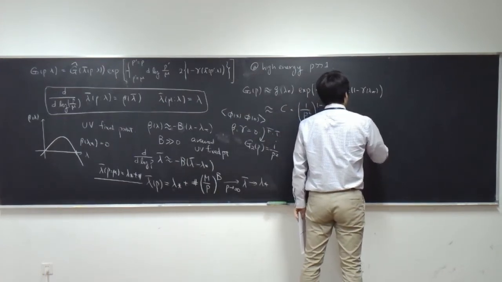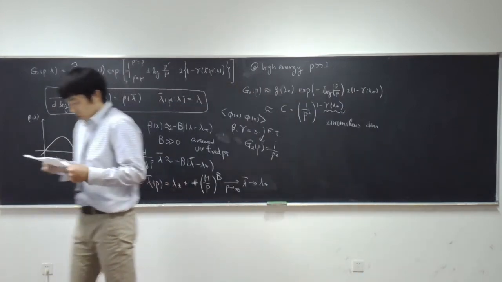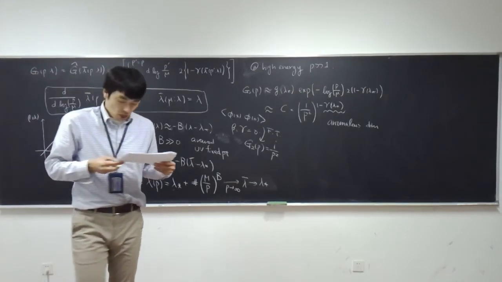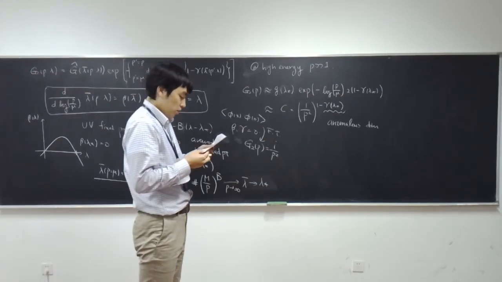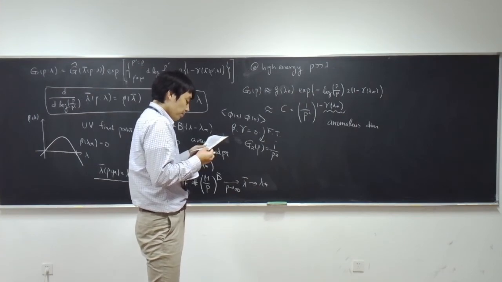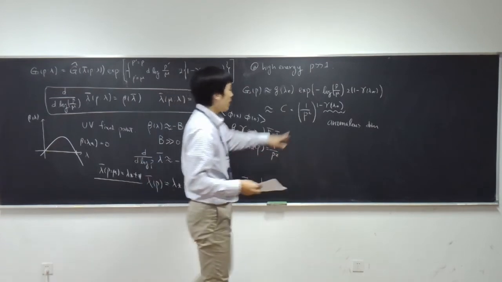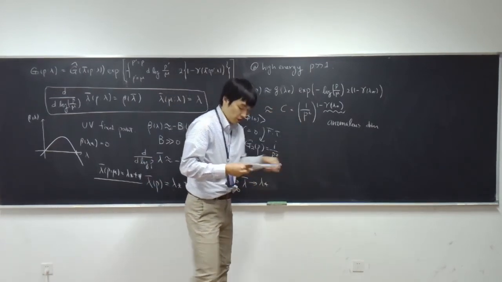Dimension. Okay. So therefore, in the interacting theory, even at a fixed point, the scaling behavior of the two-point function also gets modified.